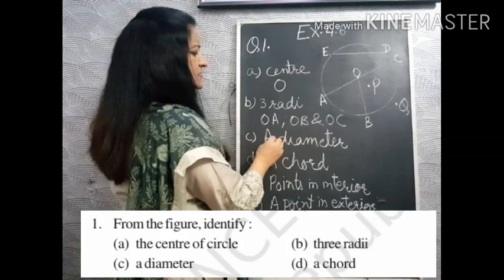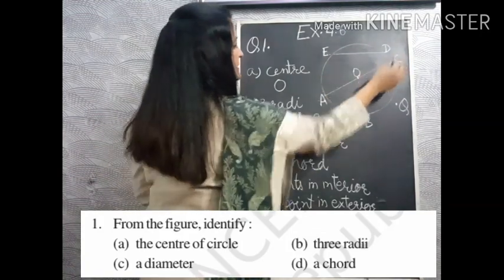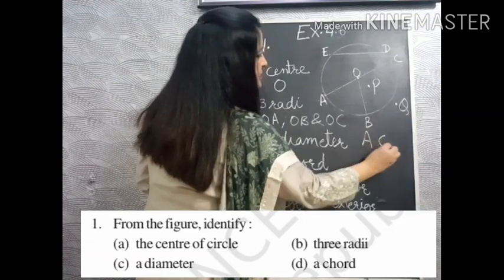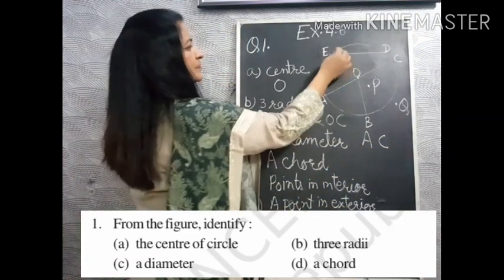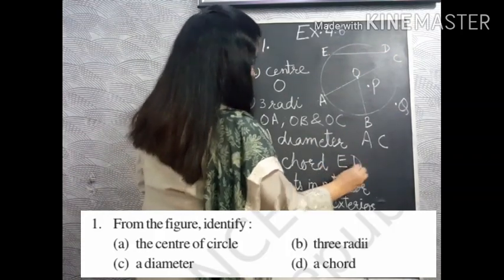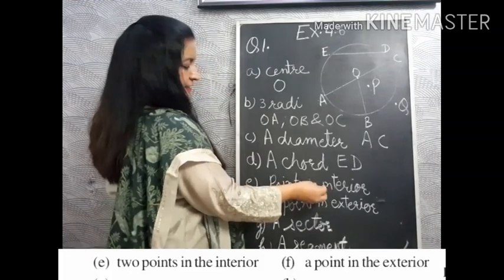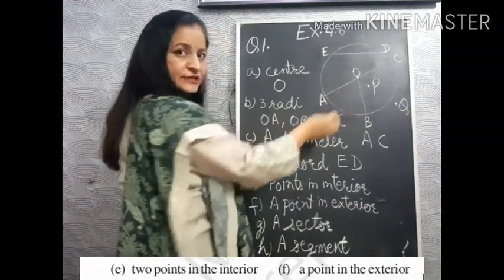Now next part is a diameter. There is only one diameter, AC. We will write AC for diameter. Next is a chord. So we have ED as chord. Next is points in interior. Look at the circle carefully.